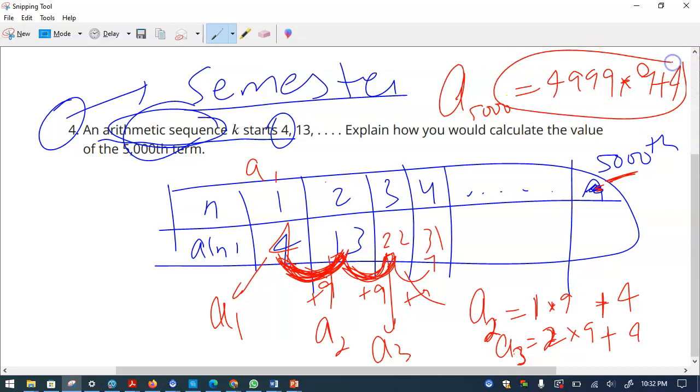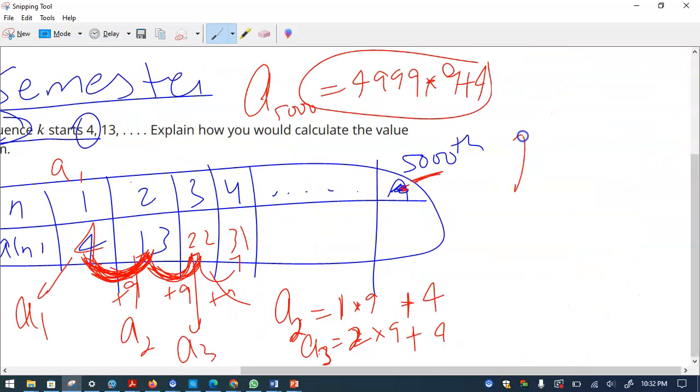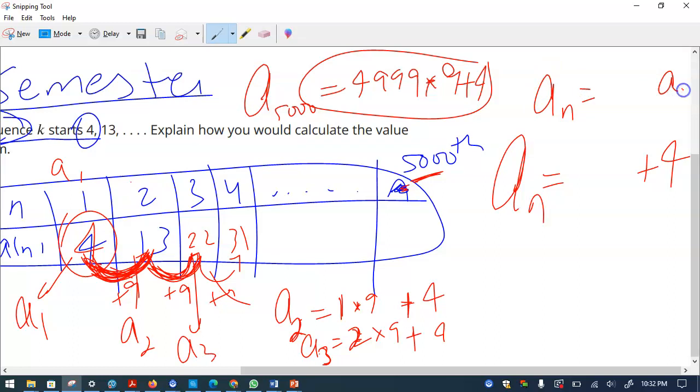This is it. So for the n-th term, no matter what the term is, whatever term a_n will be, you always have the 4 in the beginning, and then you times the d. So it is the very first one, a1, plus d times n minus 1. Here the d is 9.